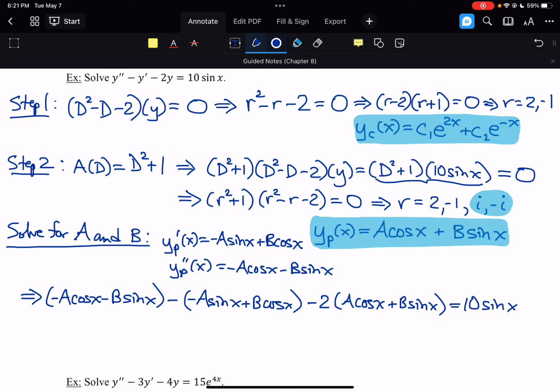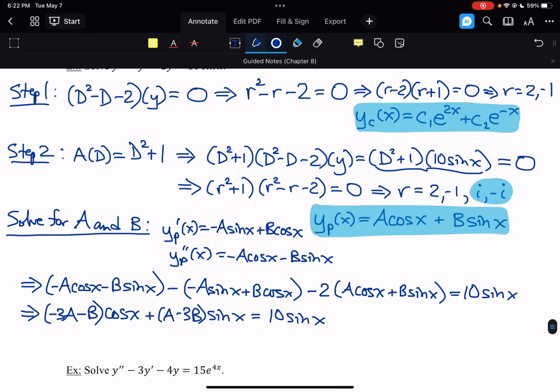So if we do some regrouping here, we can regroup by cosine and sine, so kind of separate them off. We end up getting negative 3a minus b times cosine of x plus a minus 3b times sine of x equals 10 sine of x.